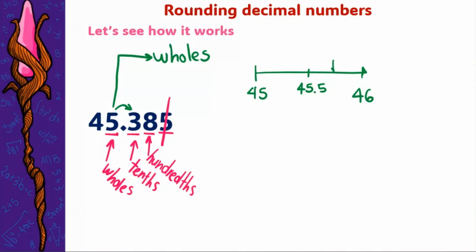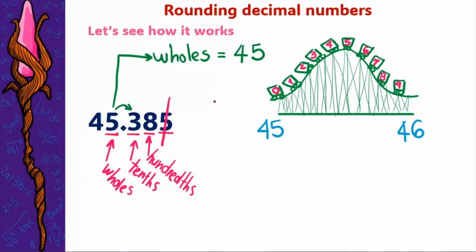If it's here, for example, the number is closer to 46, so we would take it to the 46. And if it was somewhere here, then we take it to the 45. It's 0.38, so it's going to be somewhere here. 45.385 is closer to the 45. So you just need to check the 3. The 3 is smaller than the 5, so it's closer to the 45. Then the number rounded to the wholes is going to be 45.